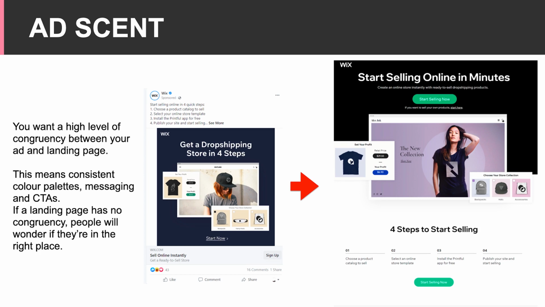They need to seem congruent, like they're part of the same message. If your ad looks completely different than that landing page that someone lands on, they're going to think that they're in the wrong spot and you're going to lose that customer. So make sure that there's a lot of consistency in the creative that you produce for your ad, as well as the place that the ad arrives at, which is usually the landing page or the product page.